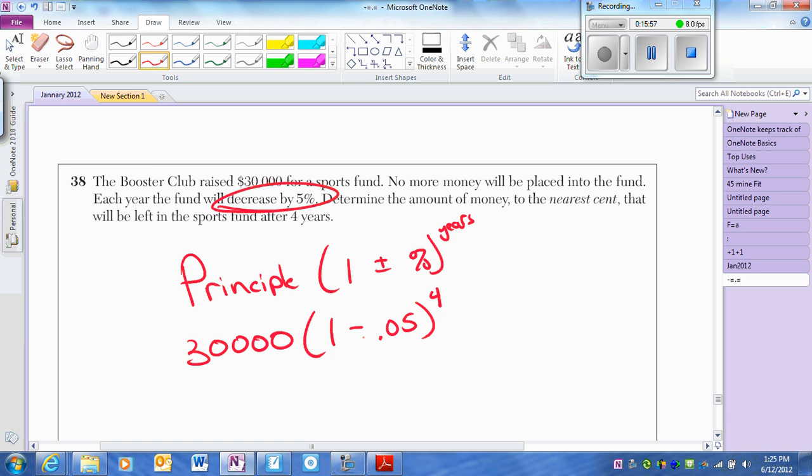That's $24,435.19. That's how much remains. Is that what they ask? Determine the amount of money to the nearest cent that will be left in the account after 4 years. So it looks like 24,435.19.